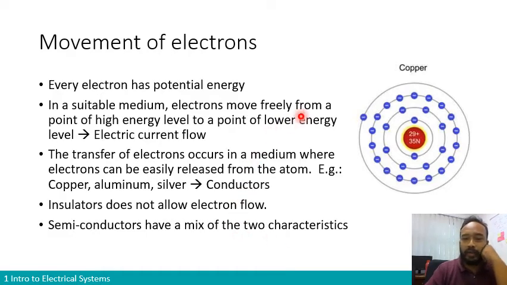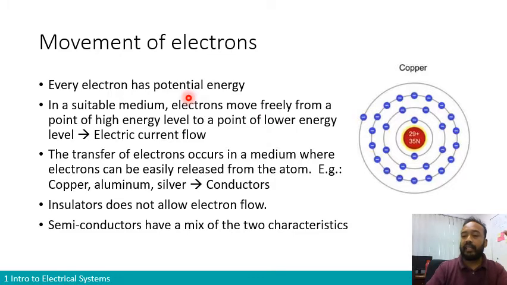So when we have free electrons, we can have a movement of those electrons, and those electrons carry negative charges, right? A free electron at the end of the atomic structure can move around. Every electron, when it moves, has a certain potential energy.